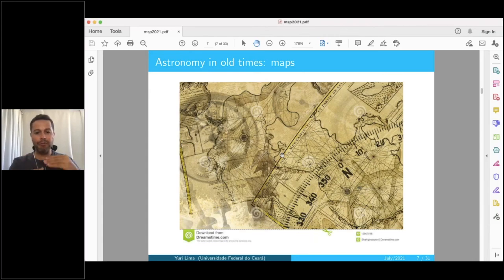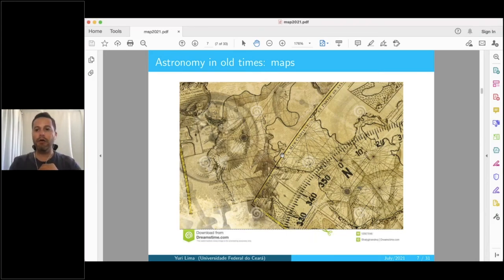But as time goes by and you have better equipment, you make finer predictions, and you actually need finer predictions in order to improve the route of a navigation or other things. And for that, you need better models that give you these better predictions.